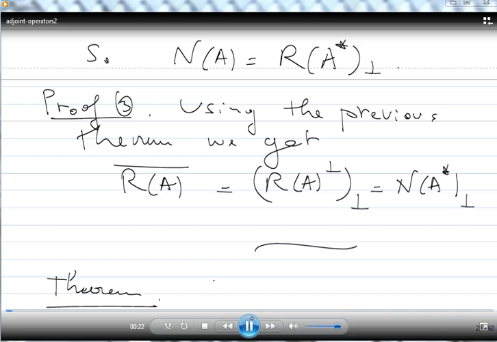Let X and Y be two normed vector spaces.